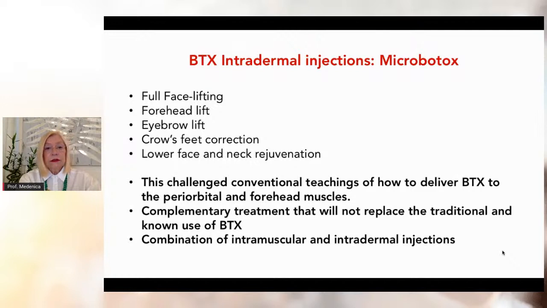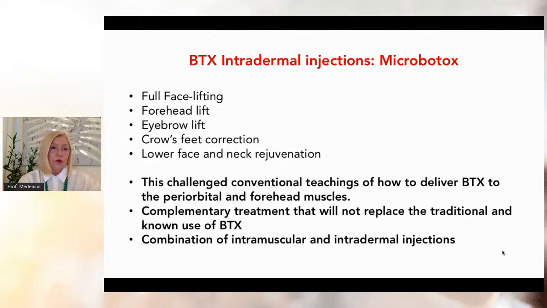Botulinum toxin intradermal injection, which we are using in face rejuvenation, has the name Microbotox. That is the usual name of this kind of procedure.